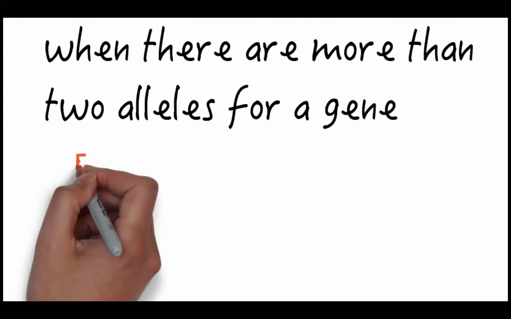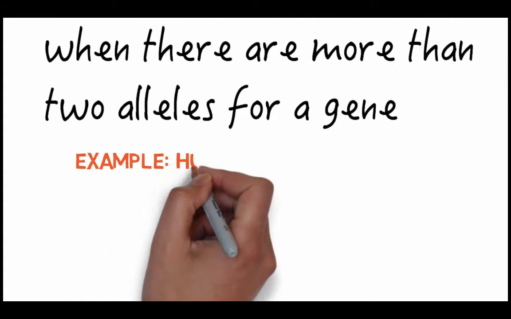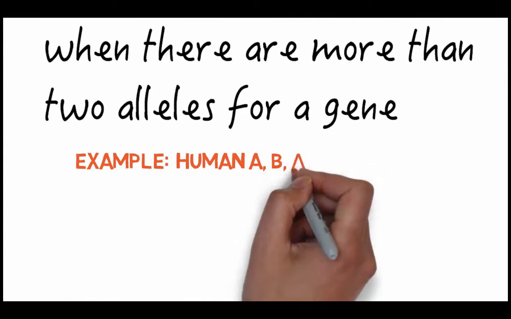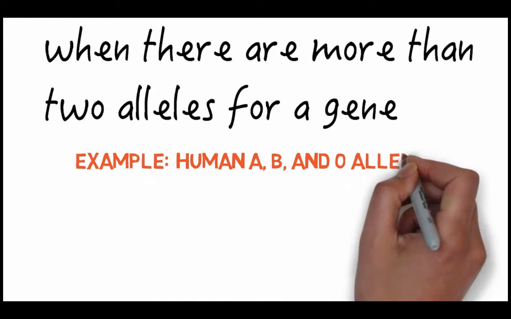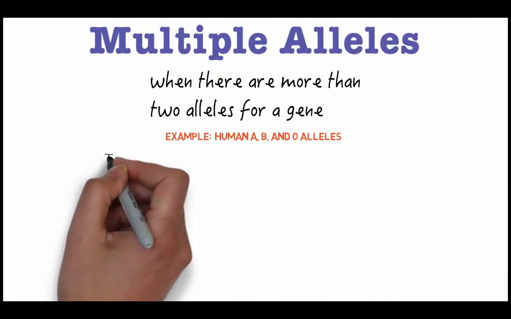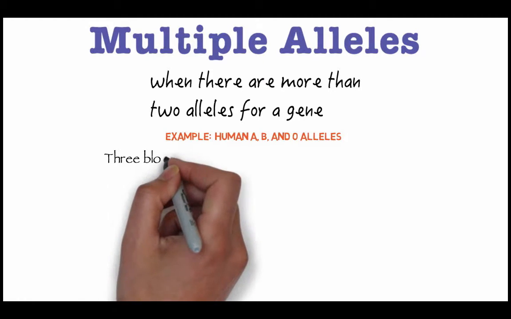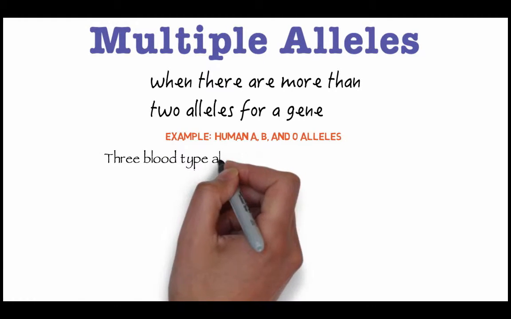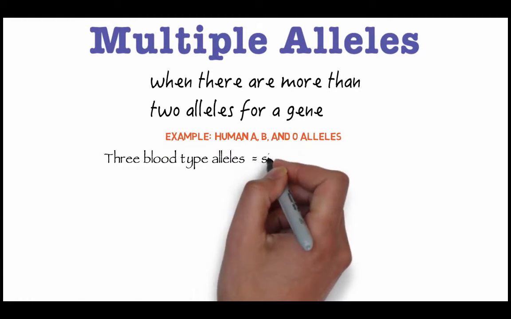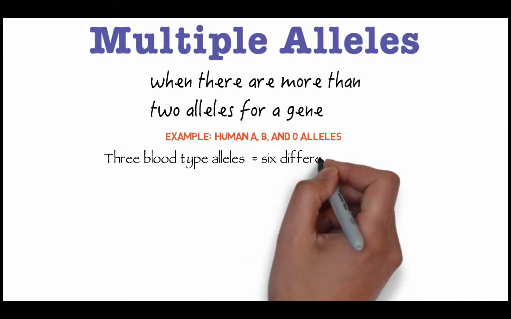The best known human example of multiple alleles is the ABO blood type. In this case, there are three blood type alleles. This results in 6 possible genotypes and 4 phenotypes.